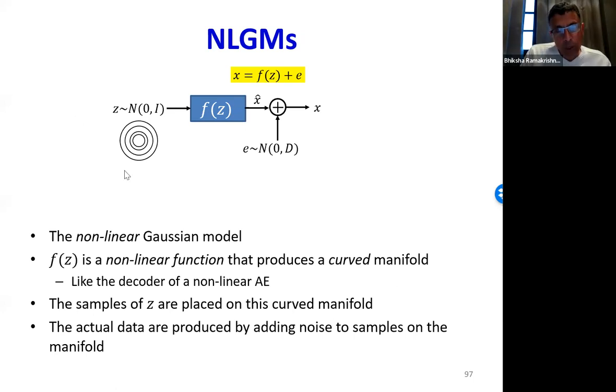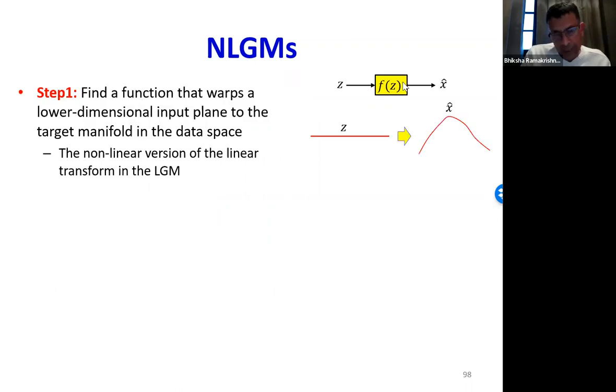So z is some lower dimensional plane. f of z is going to take it into the higher data dimension, and it's going to bend it into some sheet. And then on the output, after z has been transformed through f of z, you add some uncorrelated noise. So x, the actual data x you see, is f of z plus some e.